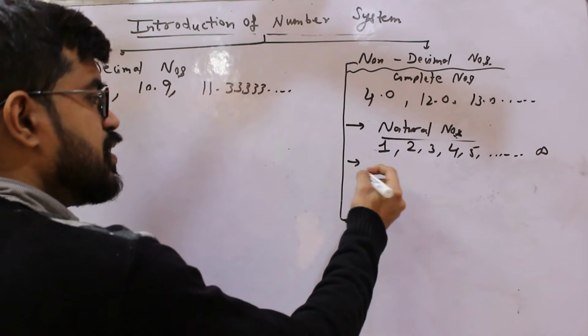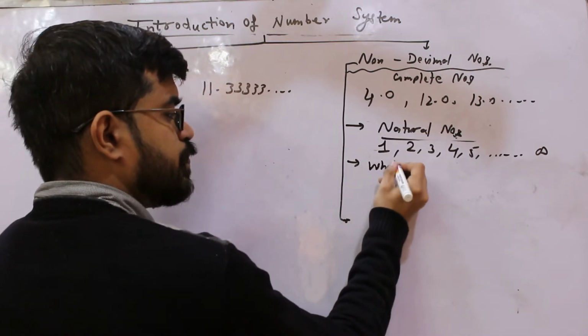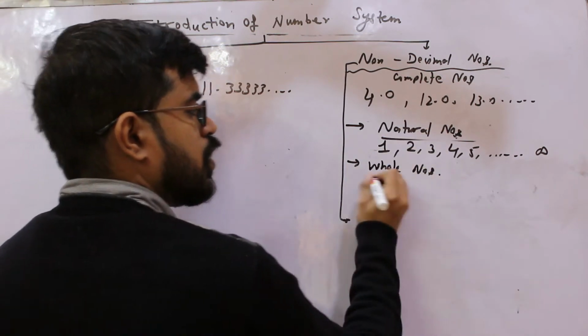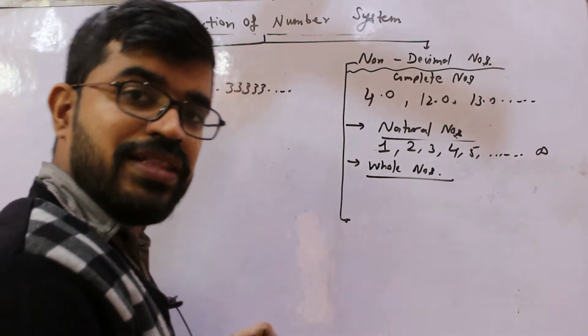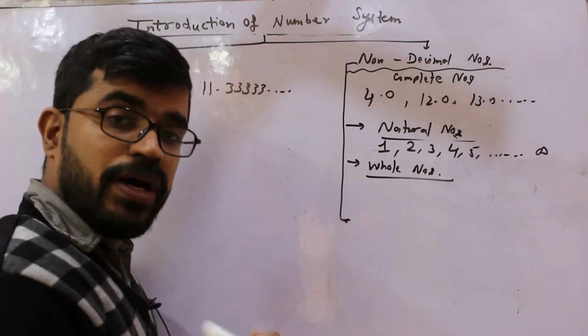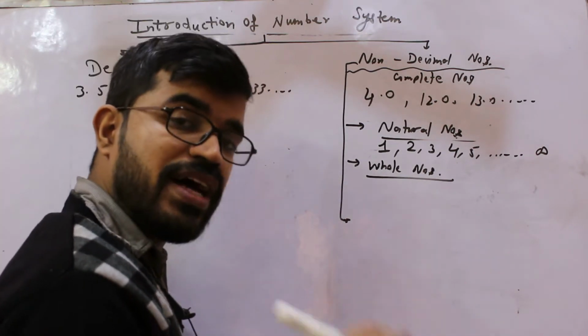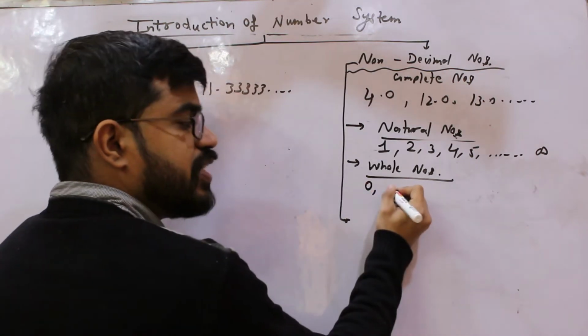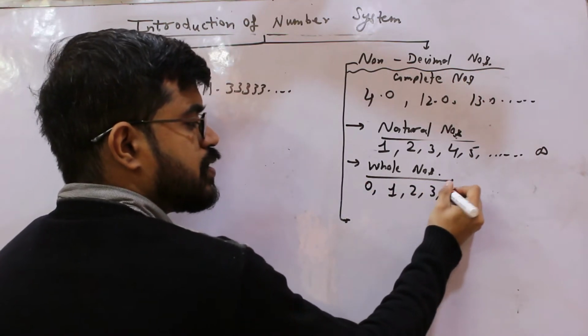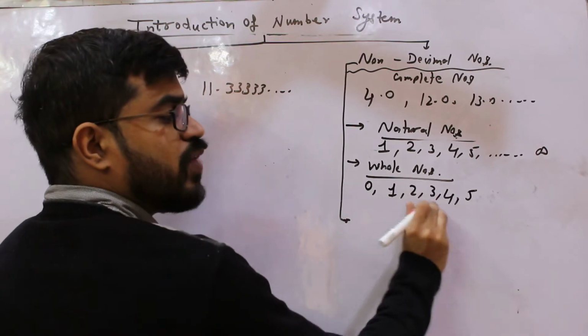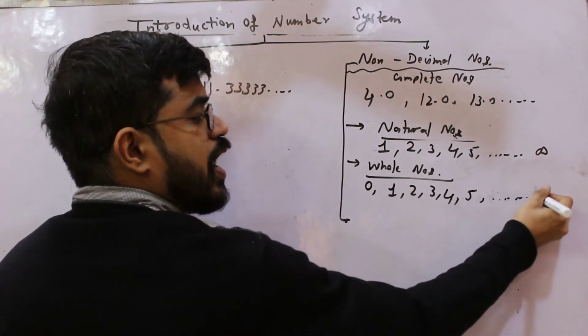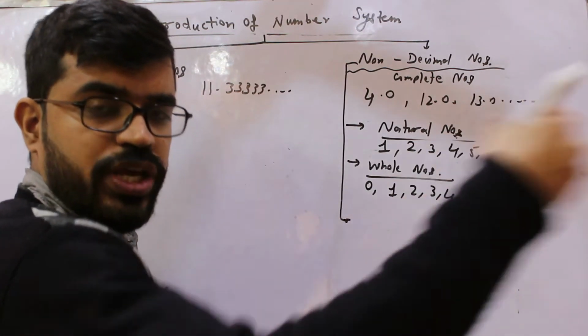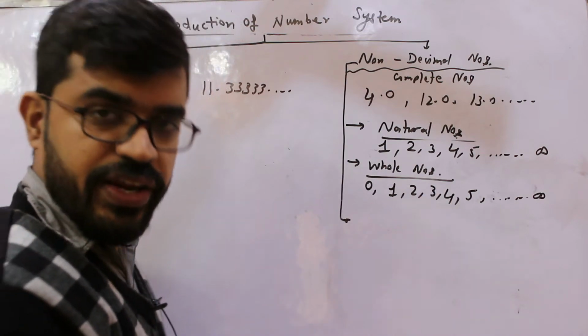Next is whole numbers. Whole numbers are basically the set of all natural numbers, with one exception: it starts with the digit 0. Hence, whole numbers are 0, 1, 2, 3, 4, 5, and so on, going to infinity.